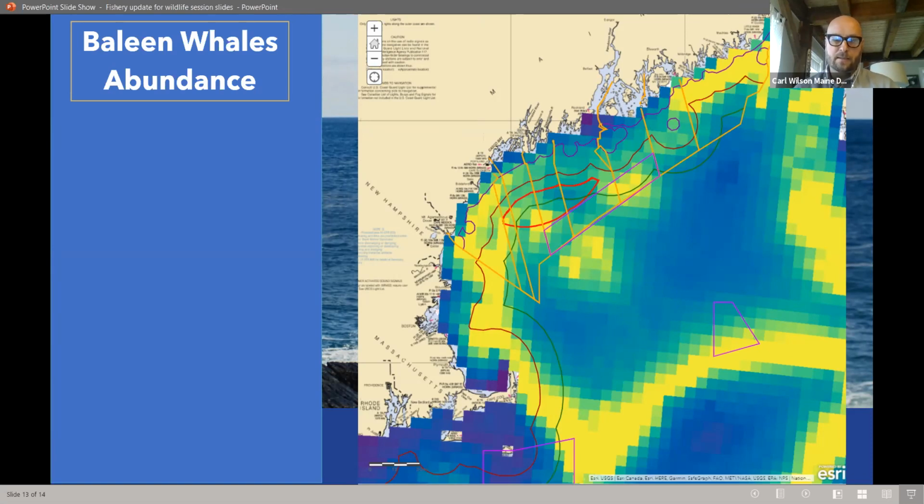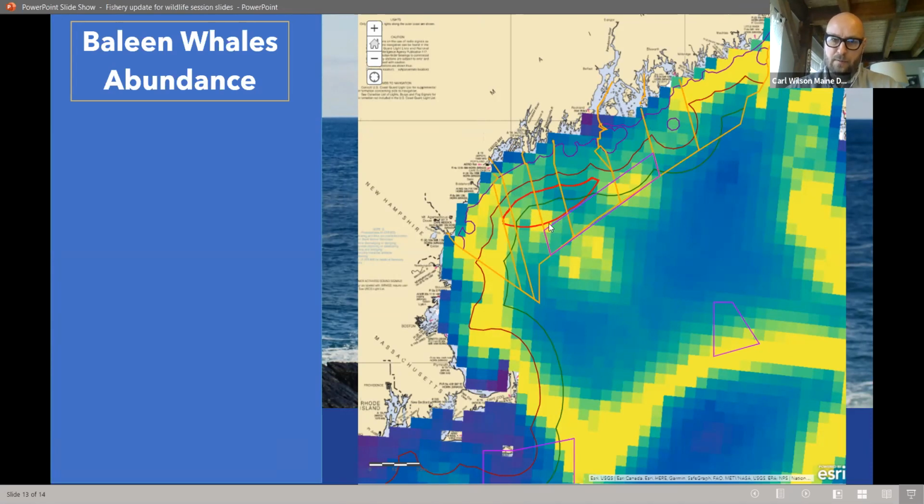This is a map pulled from the Northeast Data Portal that shows all baleen whale abundance. It's just a summary figure. We're zoomed out a little bit, but here is our area of interest.